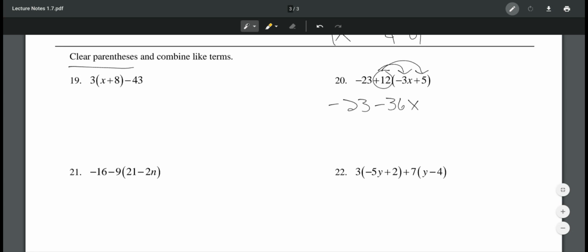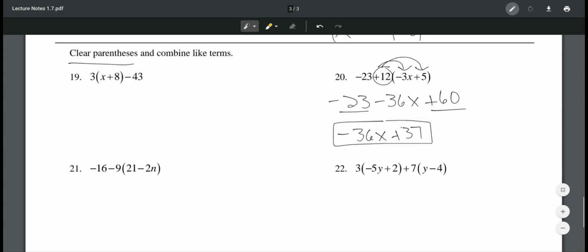Positive 12 times positive 5 is positive 60. Now, I have like terms, negative 23 and 60. They are constant values, so I can add those together. So negative 36x does not get changed, but negative 23 plus 60 becomes 37. That would be my final answer for number 20.